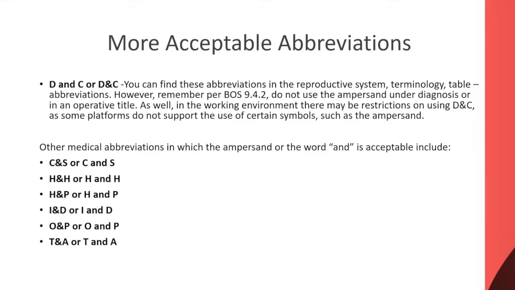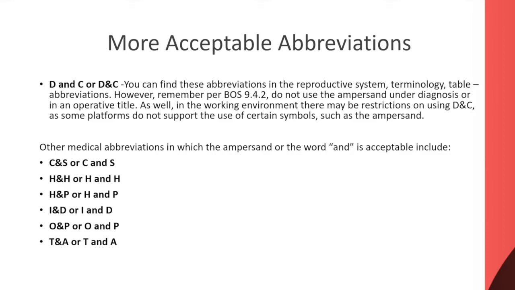And it's just like a lot of platforms out there, certain symbols, you don't know what they're going to look like. So that's why it is important that you don't use it under the diagnosis heading or an operative title, because you're not sure how it's going to look.